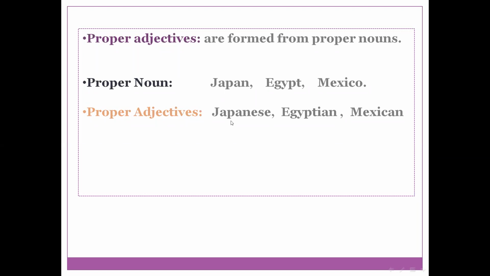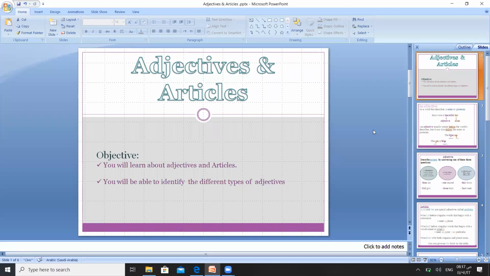Japanese is the proper adjective for Japan. Egypt is a proper noun. How will we form a proper adjective? Egyptian. Mexico is the name of a country. How will we make it a proper adjective? Mexican. Clear, girls?